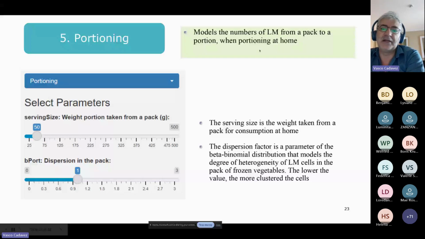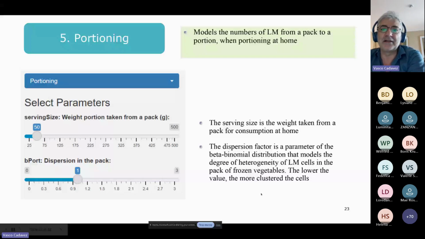So the serving size is the weight taken from a pack for consumption at home. This is the meaning of serving size. So you can decide. We have a bag of 500 grams. I will take 50 grams or 100 grams. So you define these. And of course, we can also take the dispersion of bacteria in the pack, because the dispersion can impact the sampling or the number of bacteria that you will get in a portion.